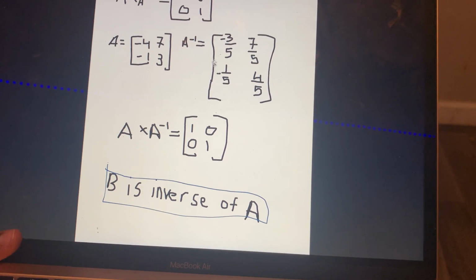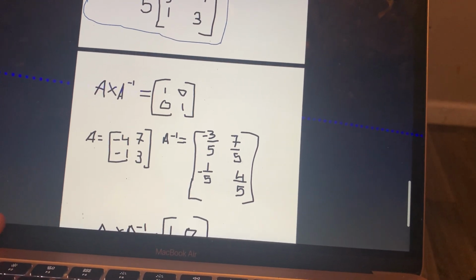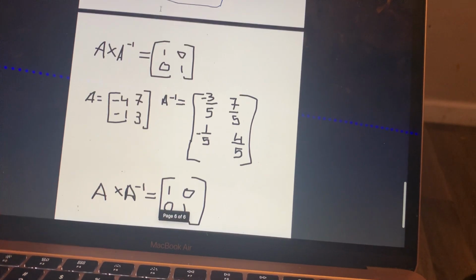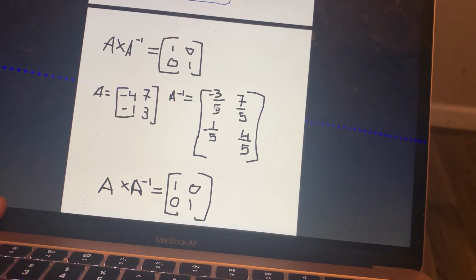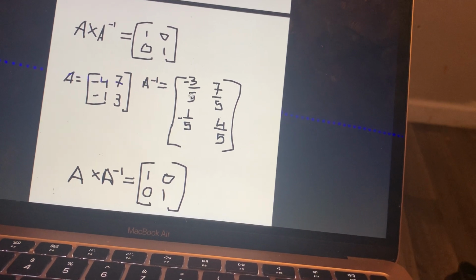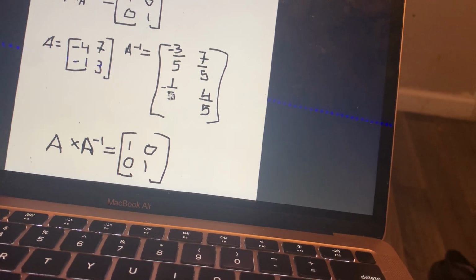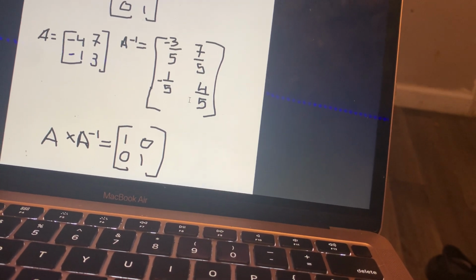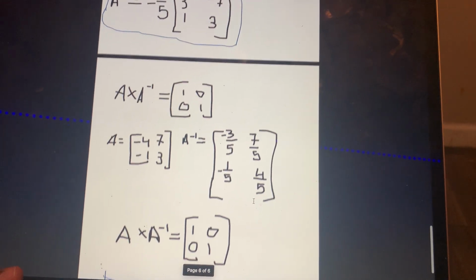Now you see these fractions simply because I've taken this negative 1 over 5 and distributed it into the matrix. So negative 1 over 5 times 3 is negative 3 over 5. Negative 1 over 5 times 7 is negative 7 over 5. Negative 1 over 5 times 1 is negative 1 over 5. And negative 1 over 5 times 4 is negative 4 over 5.